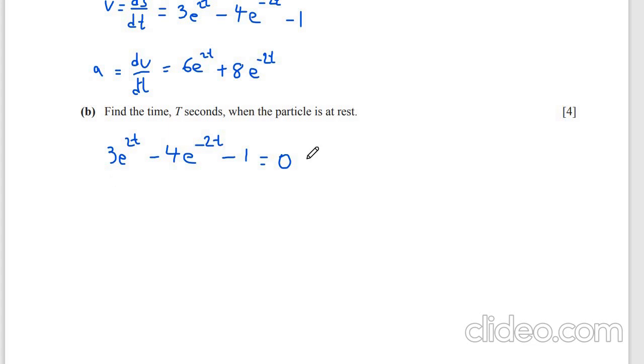Well, if we substitute, let's say if we put x equal to e to the power negative 2t, then what happens is, no, actually, let's try something else. So let's try this.